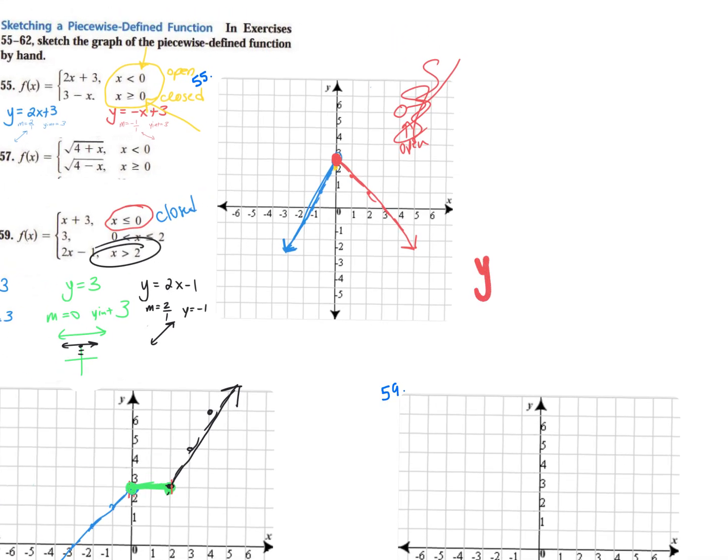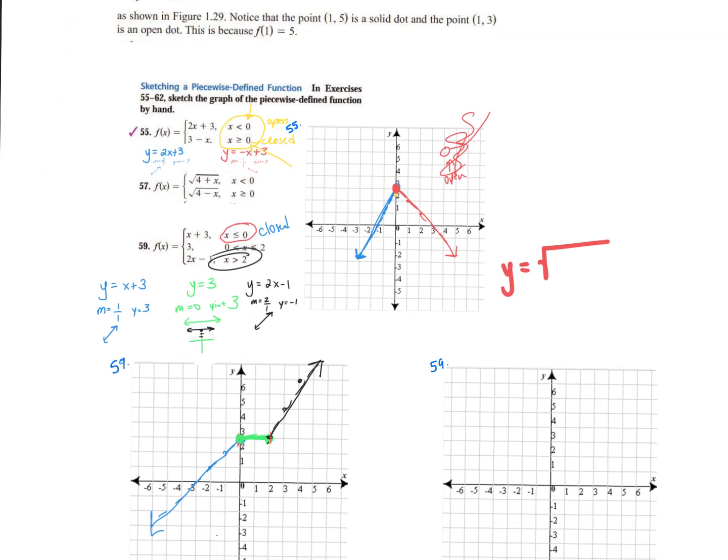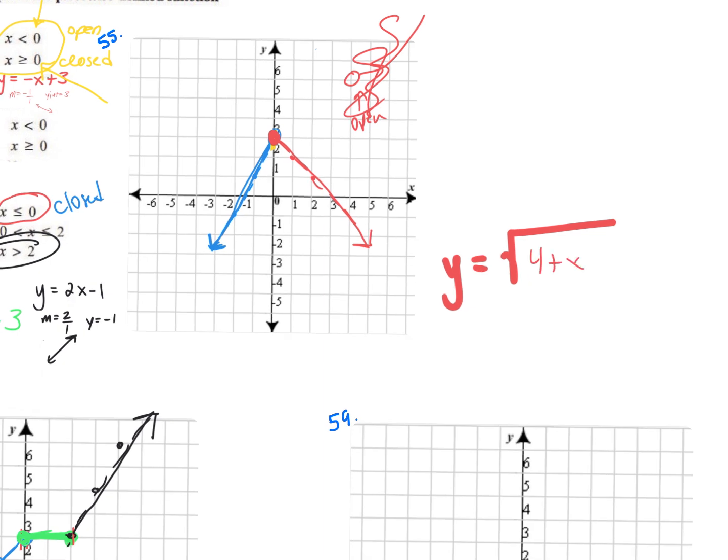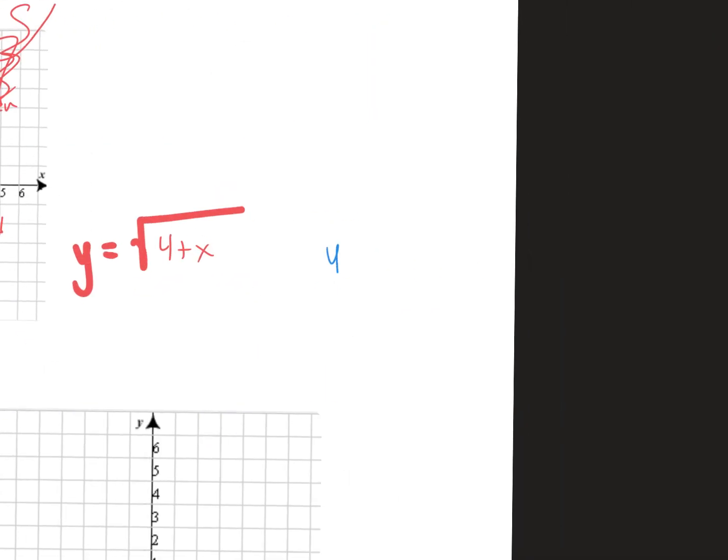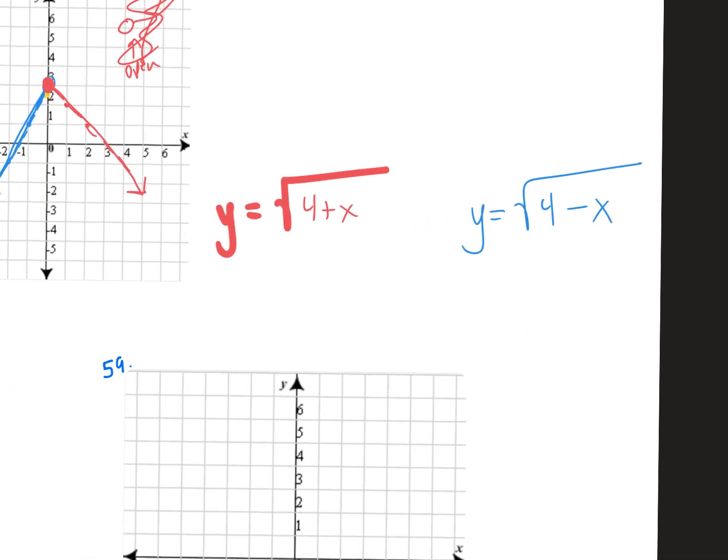So I have two. I have y equals the square root of 4 plus x. And then I have y equals the square root of 4 minus x, right? Yes? Okay, so I'm going to give you some values to use, to think about. So x and y. Let's use -8, -4, 0, and 5.